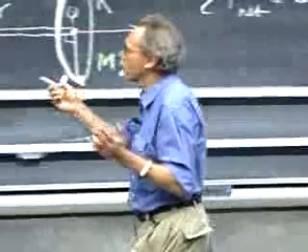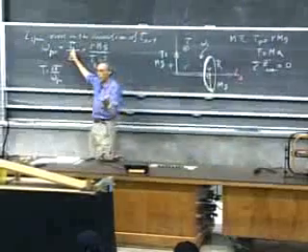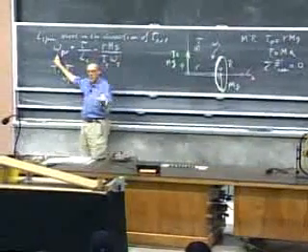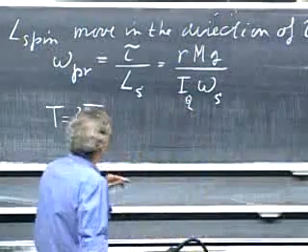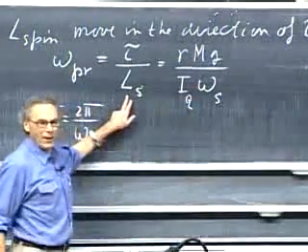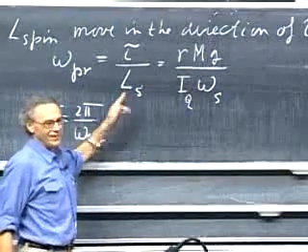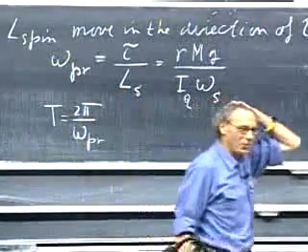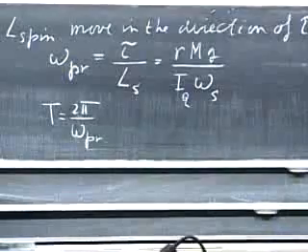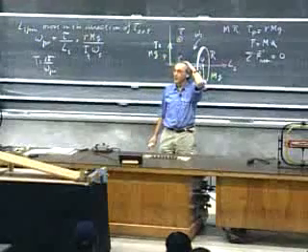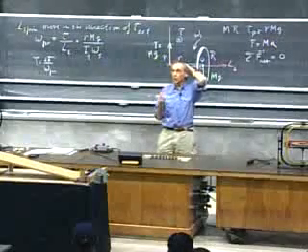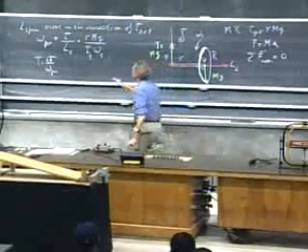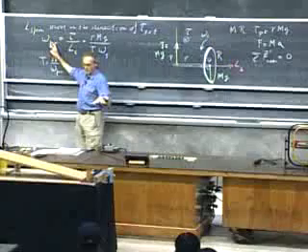If the torque is stronger, then it is more powerful, so you expect that the precession frequency will be higher. However, if the spin angular momentum is very powerful, then the spin angular momentum says, sorry, torque, I'm not going to go as fast as you want me to go. So when you increase the spin angular momentum in the wheel, it is also intuitive that the precession frequency will go down.